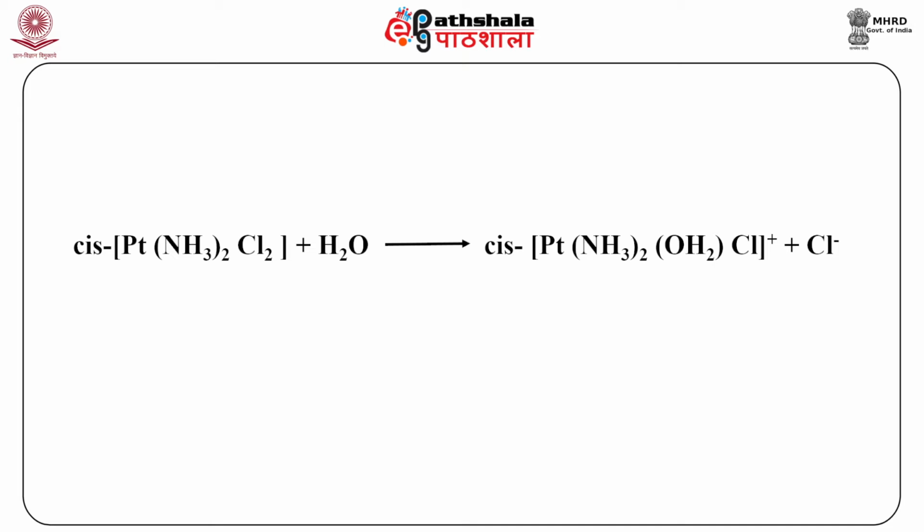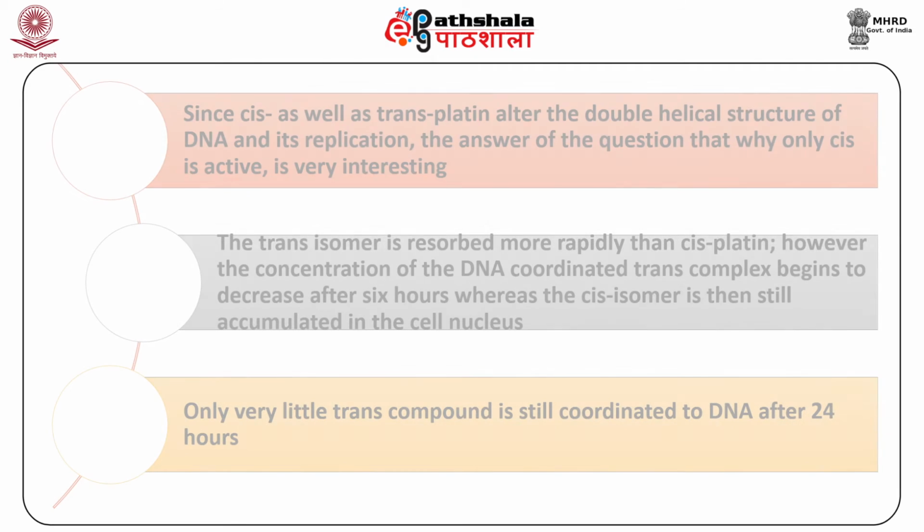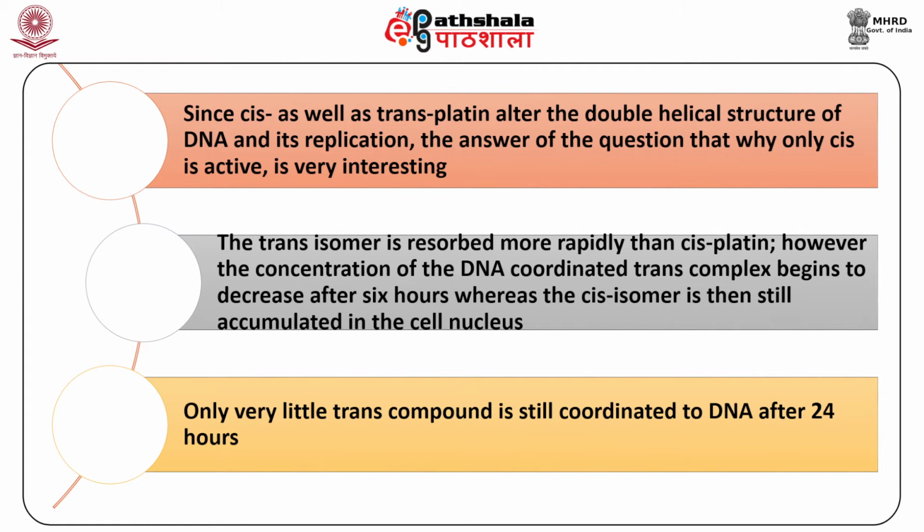Since cis as well as transplatin alter the double helical structure of DNA and its replication, the answer to the question of why only cis is active is very interesting. The trans isomer is hydrolyzed more rapidly than cisplatin.